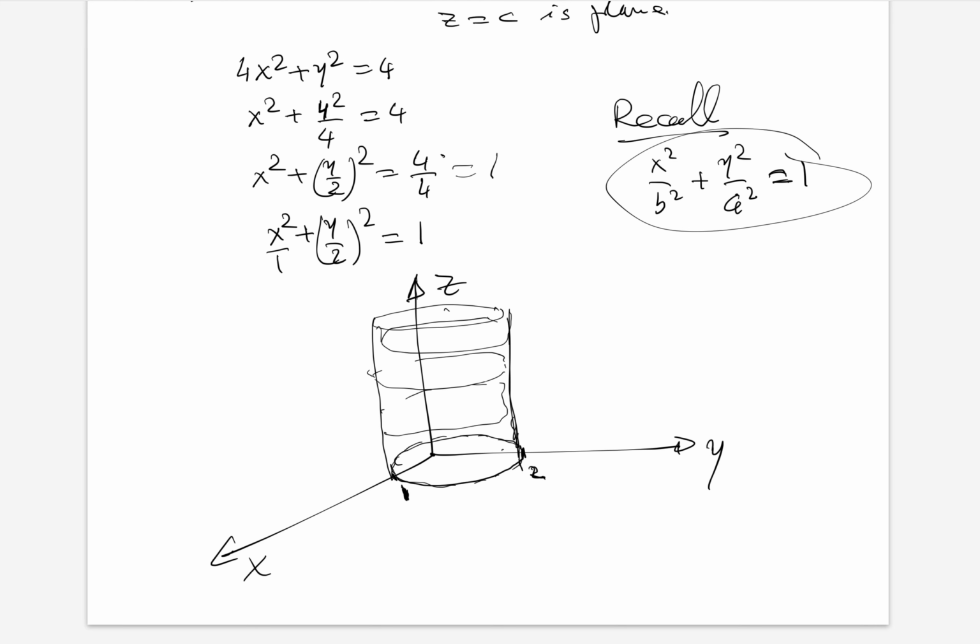Okay, it's like this. So the line joining the traces is called rulings. And those lines will be parallel to the z-axis. And now you have your cylinder. And it's called an elliptic cylinder.